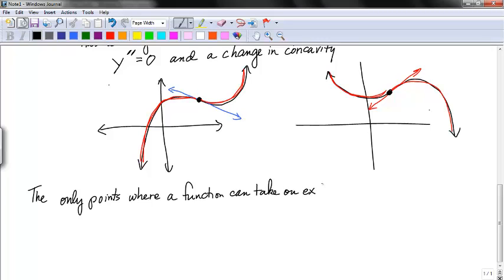The only points where a function can take on extreme values are critical points and endpoints.